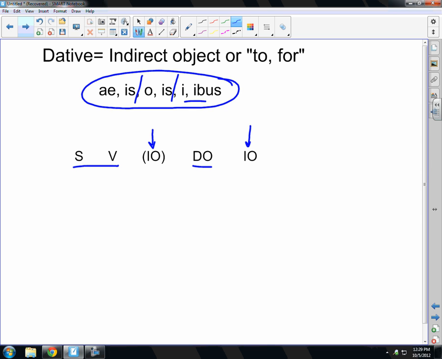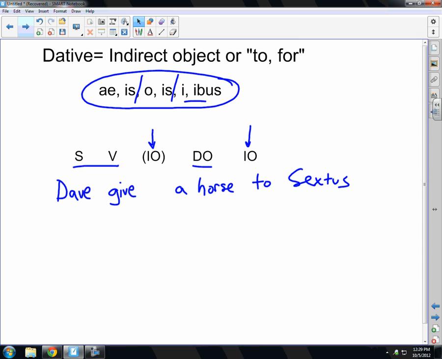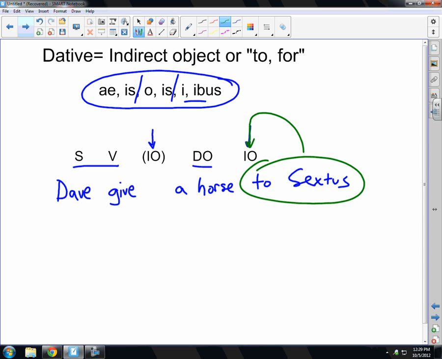So I can have Dave gives a horse to Sextus. The other way, in this case right here, the indirect object to Sextus is being placed after the direct object, which is horse. And we'll talk about a direct object here in a second.